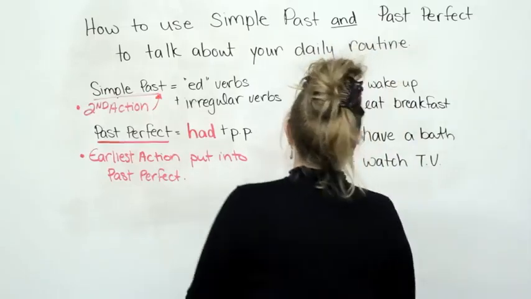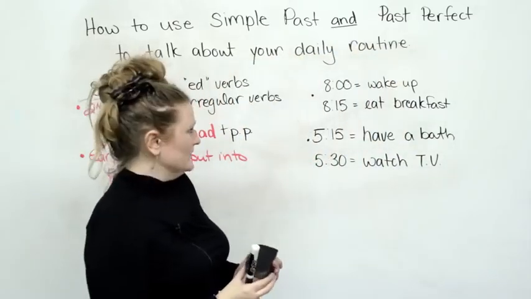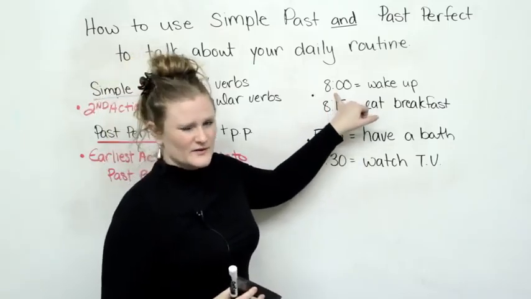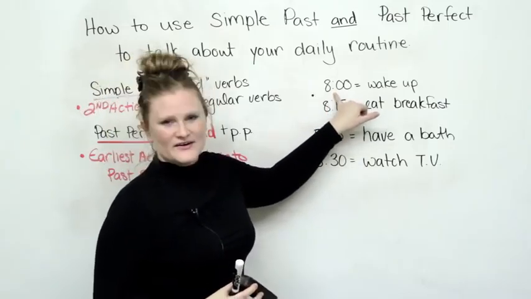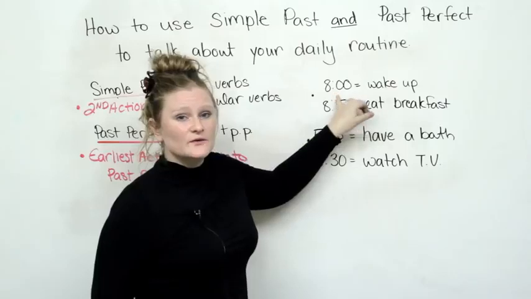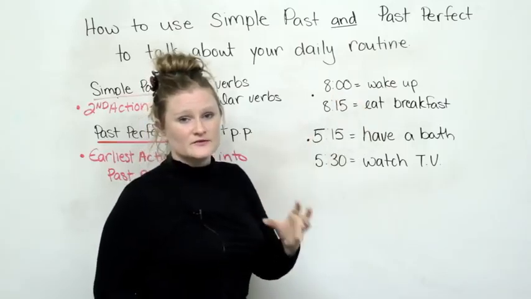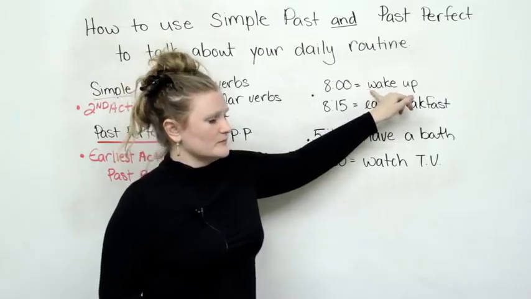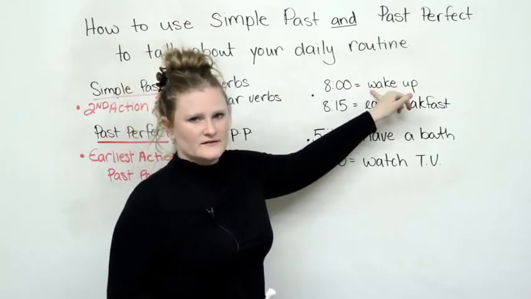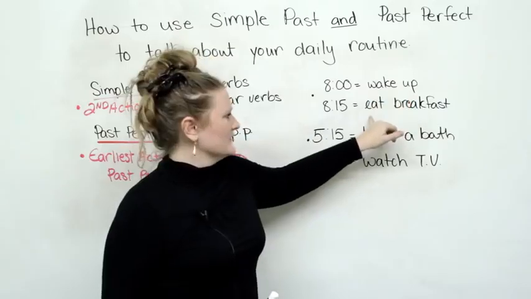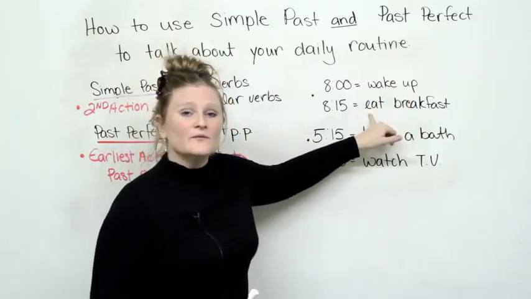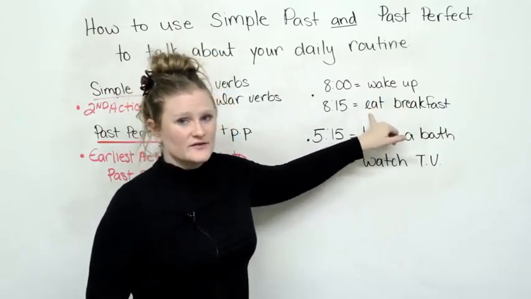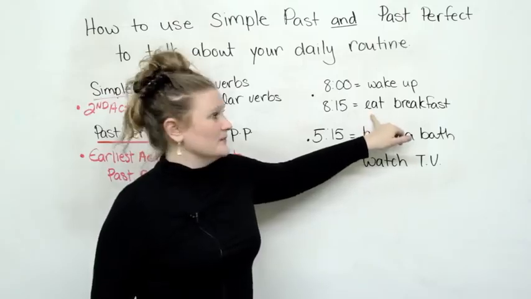So, for example, I sometimes wake up at 8 o'clock. Usually, when we speak English, when we talk about our daily routine, we use basic English. We say, I wake up, I eat breakfast. But when you want to talk about it in the past, you have to use past perfect and simple past.